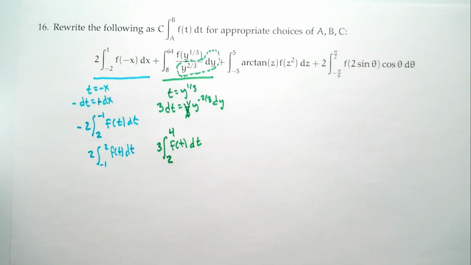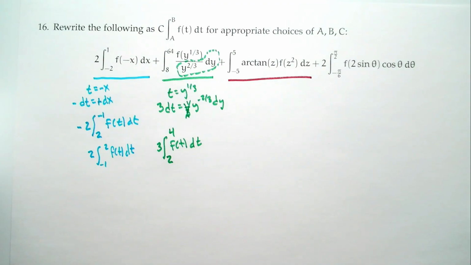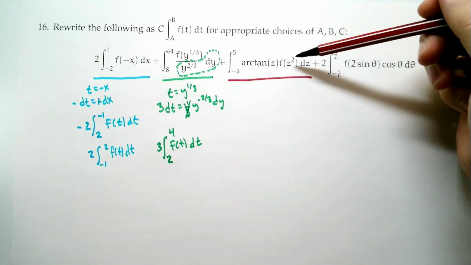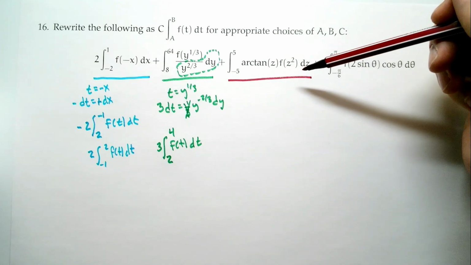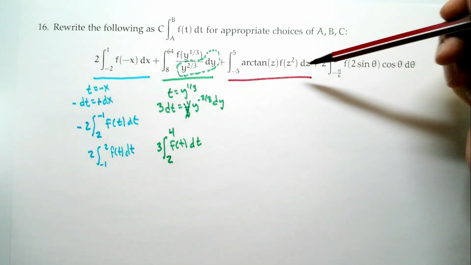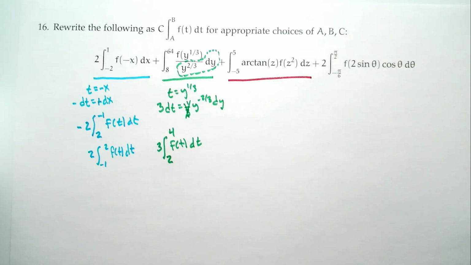Now we come to our third one, and that's weird. Because again, you might say, okay, no problem, let's let t be z squared, but there's no 2z to match with. And then we have this arctangent.